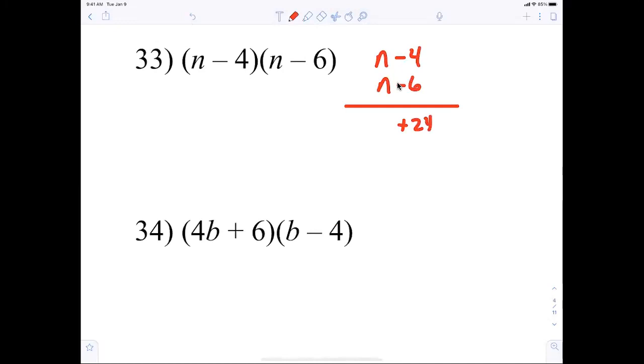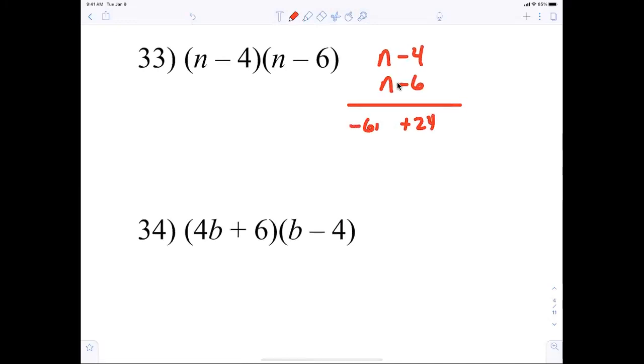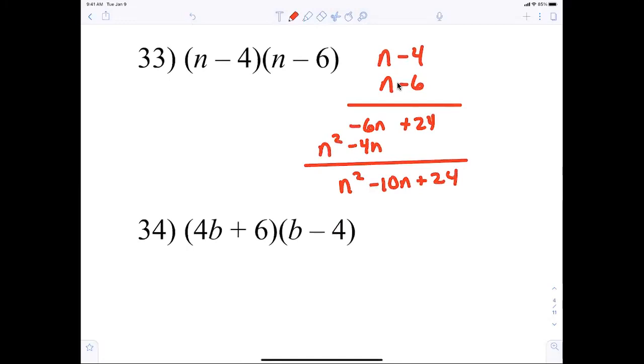Positive 24, negative 6n, negative 4n, n squared. n squared minus 10n plus 24. Anybody have any issues with that?